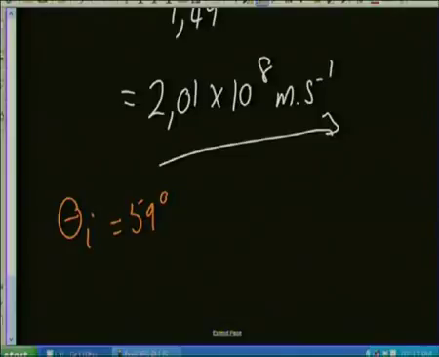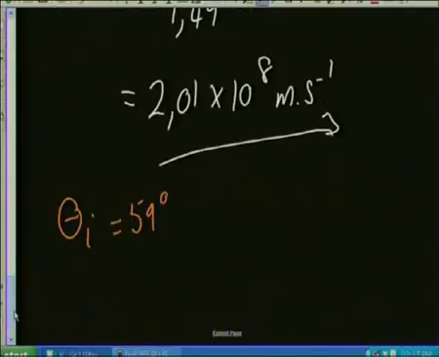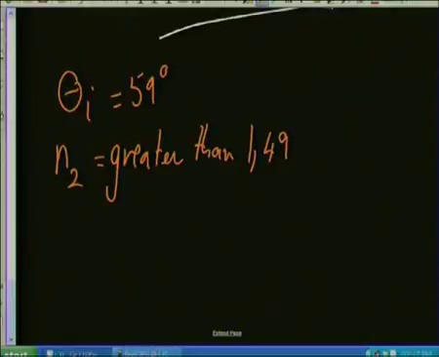What we're told is that the refractive index of the second material is going to be bigger, so it's going to be greater than 1.49. Okay? And what we therefore can say is two things.